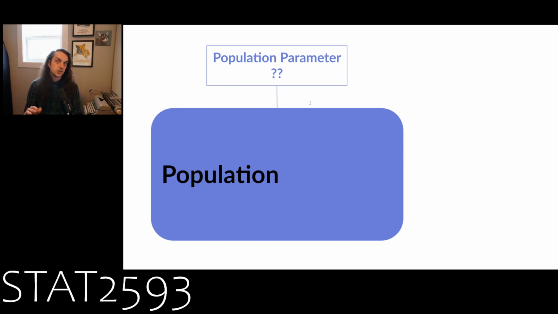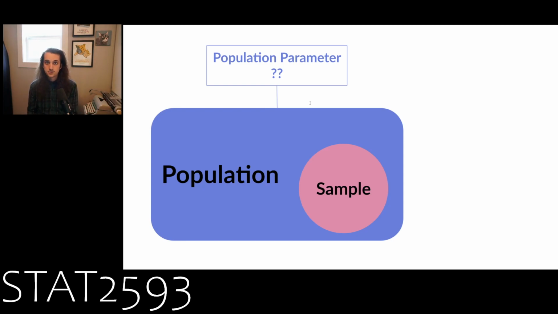So we have our population, and then there's the parameter that we care about. But we can't measure everyone in the population, or at least not normally. And so instead, we take a sample from that population. This sample is going to be some subset, and we hope that it's representative of the population, and that we took it according to good sampling methodologies.